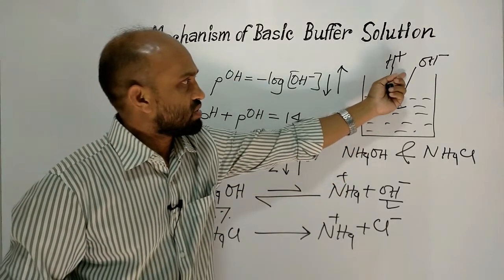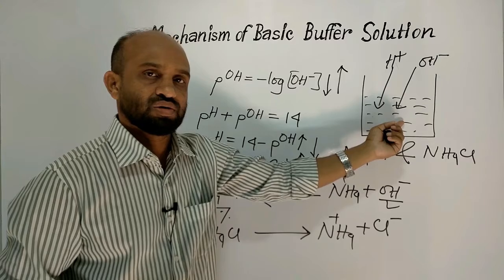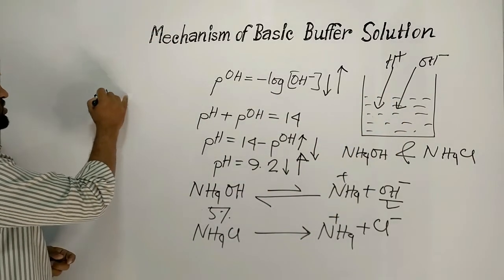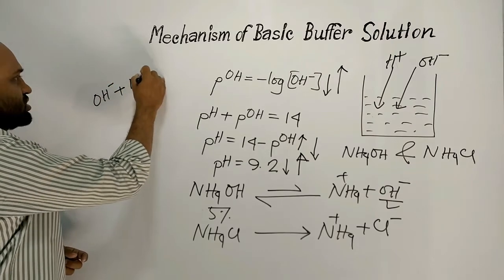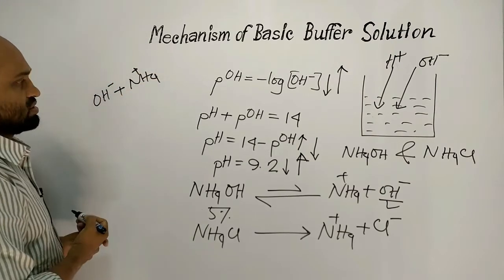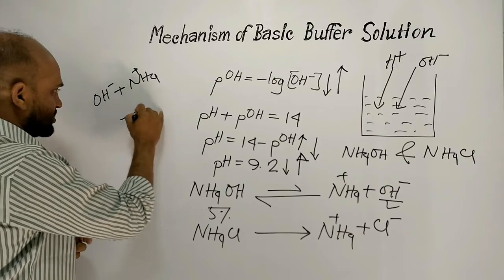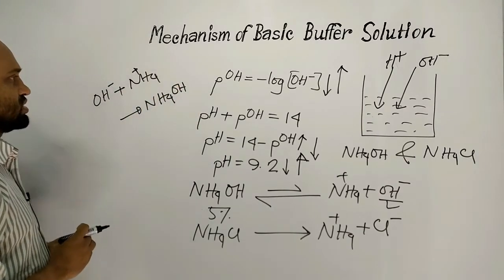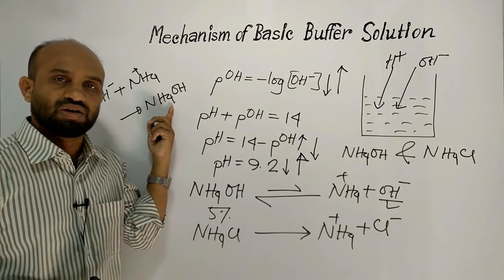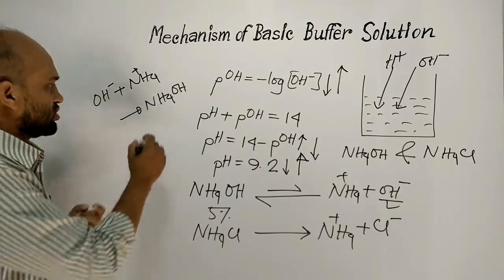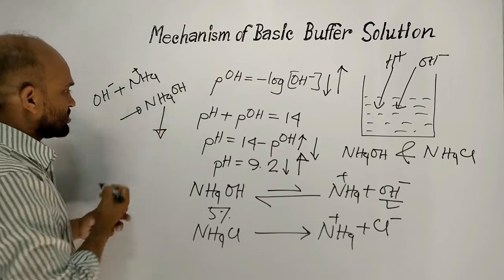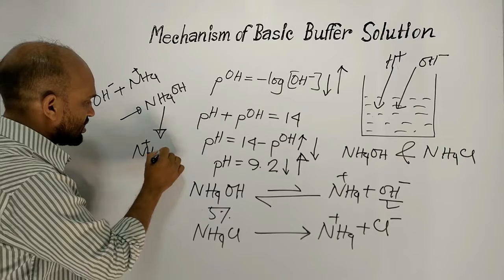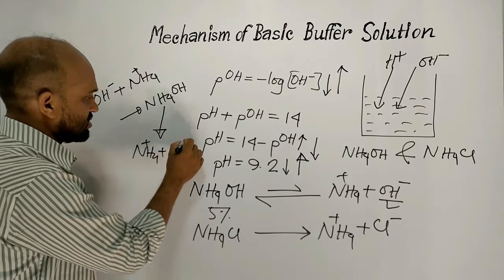When base is added to basic buffer solution, this base reacts with ammonium ion, and as a result ammonium hydroxide is formed. Ammonium hydroxide is a kind of weak base, so it doesn't ionize to ammonium ion and hydroxide ion.